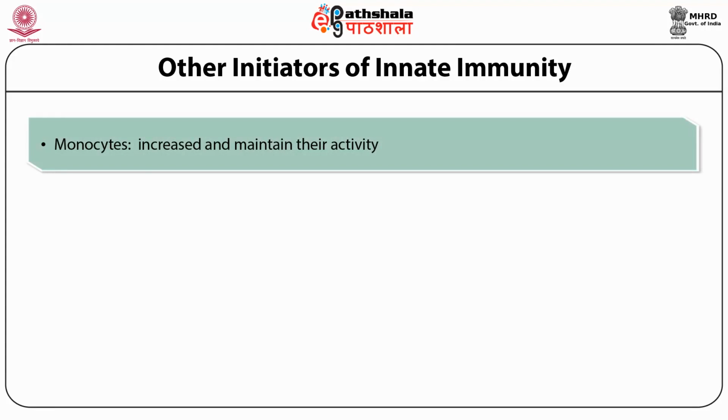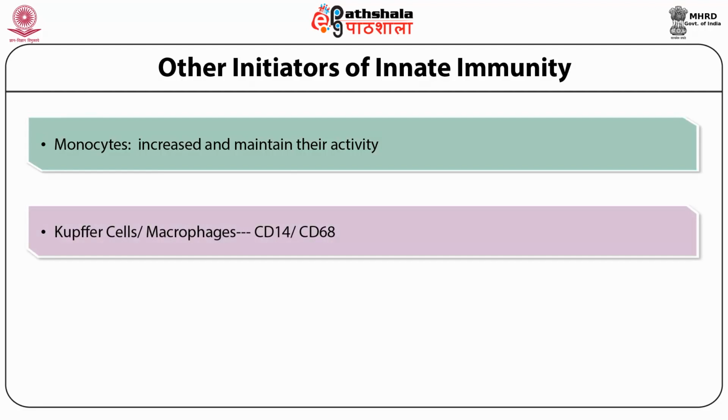Monocytes are increased during viral infection and also maintain their activity. However, their plasticity to become macrophages is disturbed. Whether they become macrophages, which are CD14 and CD68 positive, is very important. And these other initiators of innate immunity may have tempered viral infections.